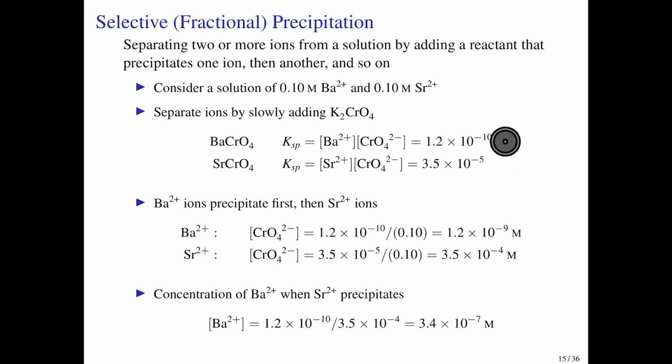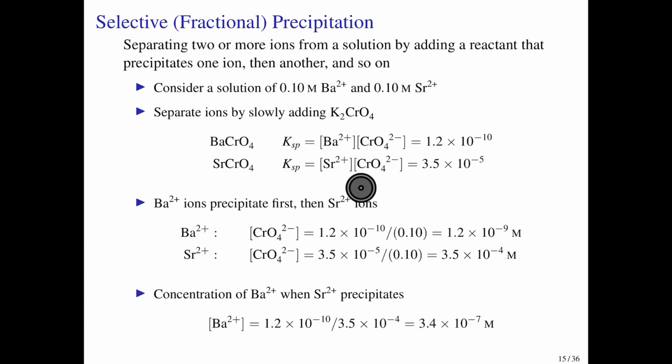That means that barium chromate is much less soluble than the strontium chromate. And if you add the chromate in very slowly, you can build up the level of chromate gradually, and you'll get to a point where the barium chromate will start to precipitate out. But the strontium chromate, the concentration of the chromate isn't high enough to get the strontium chromate to precipitate out. And so this is how selective precipitation works.